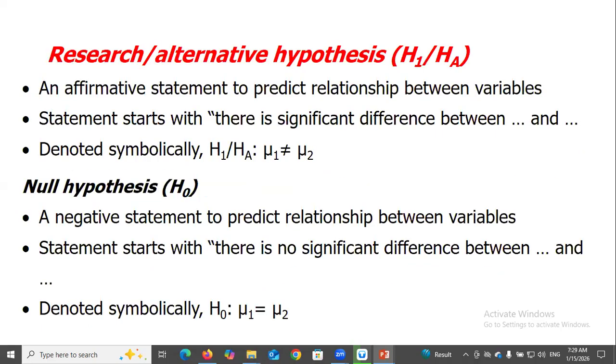The research alternative hypothesis is an affirmative statement to predict a relationship between the variables. The statement starts with "there is a significant difference between" and is denoted symbolically as H1 or HA, mu1 not equal to mu2. The null hypothesis is a negative statement to predict the relationship between the variables.